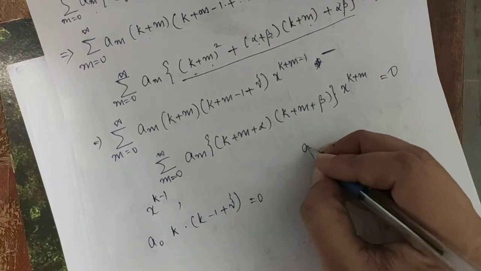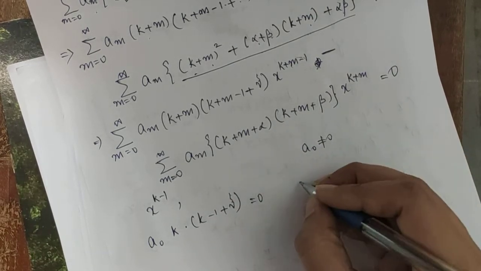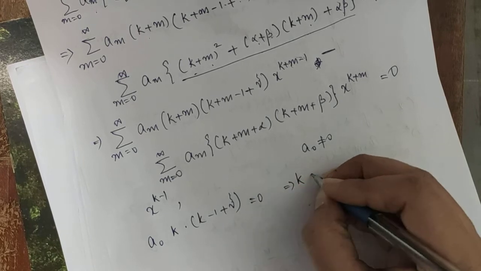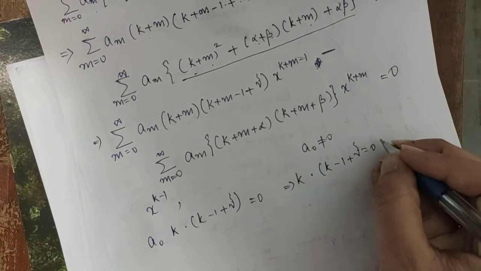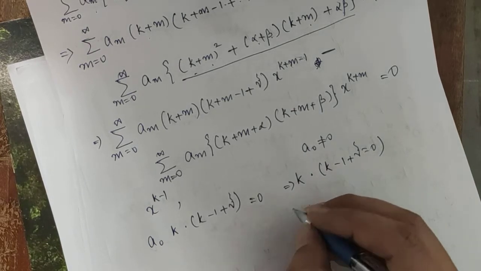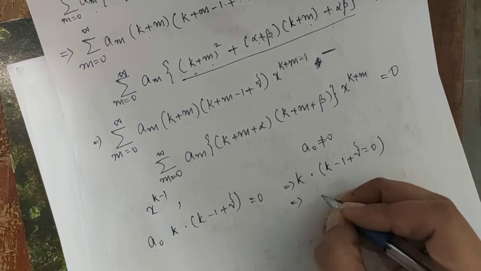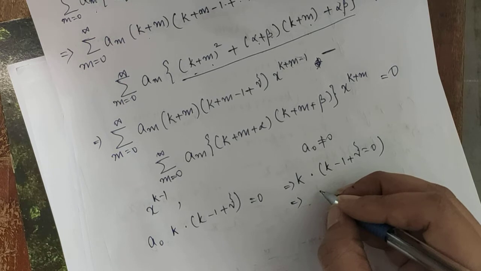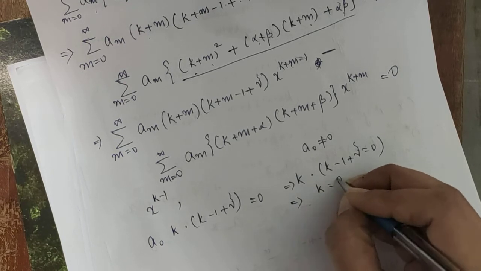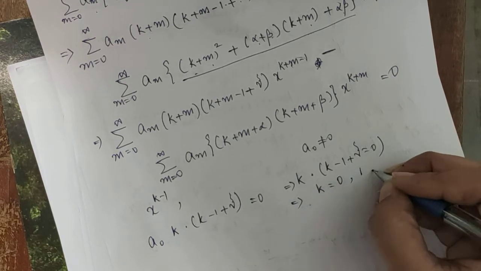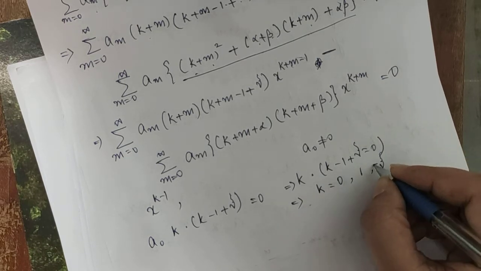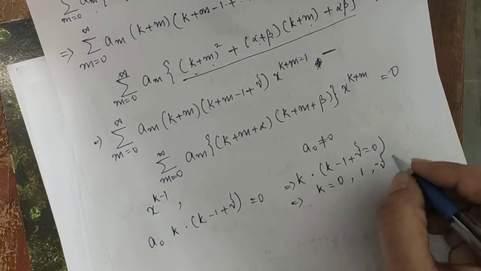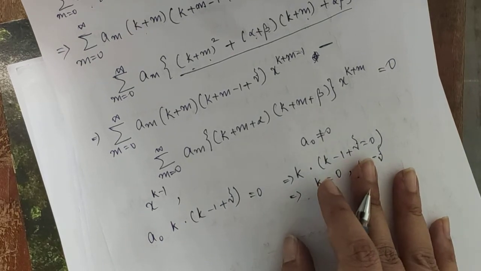Since a naught is not equal to 0, I can write this as k into k minus 1 plus gamma is equal to 0. So now we have values for k as k is equal to 0 and 1 minus gamma, sorry, that is minus gamma, and gamma is not an integer, right?